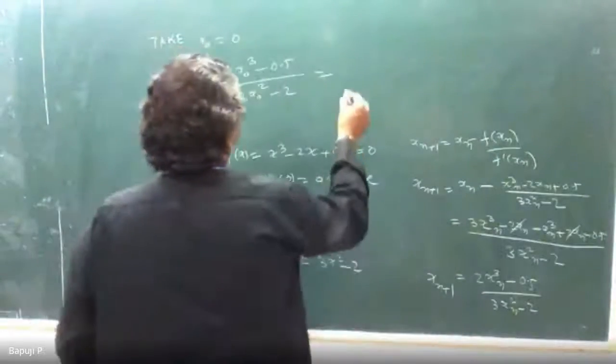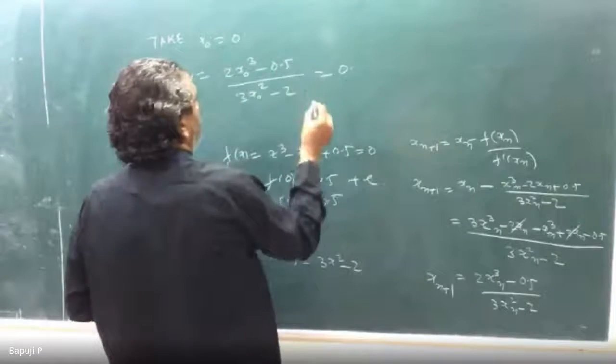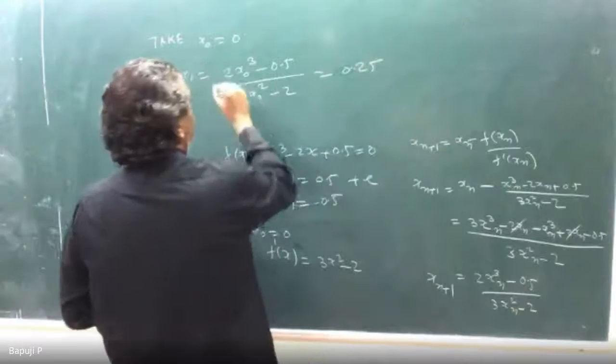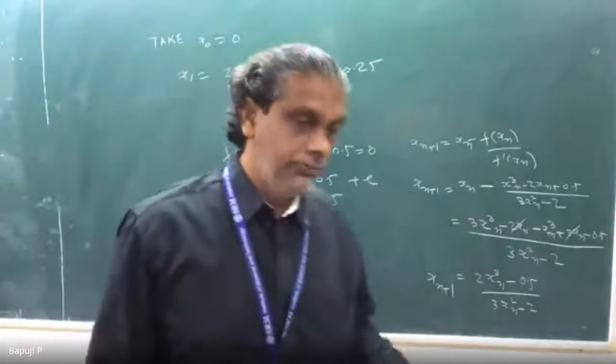I got 0.25. X naught is equal to 0, so 0.25. Put x naught is equal to 0, this is x1.